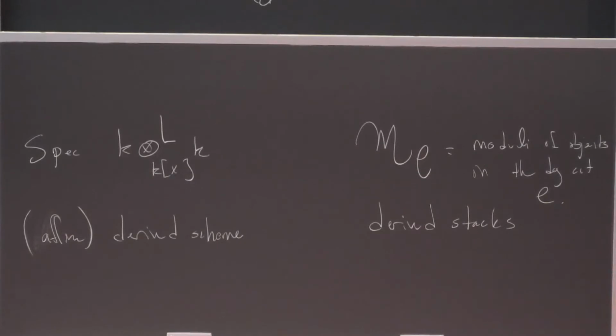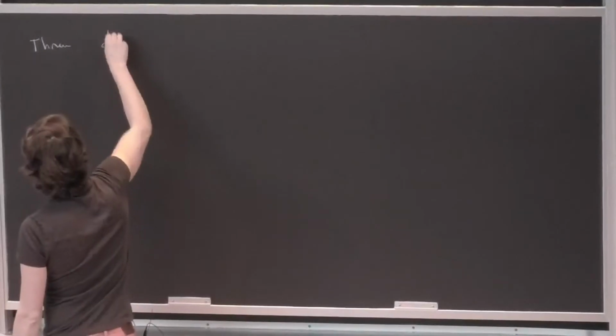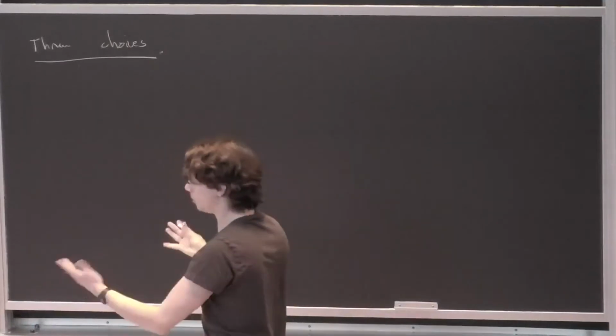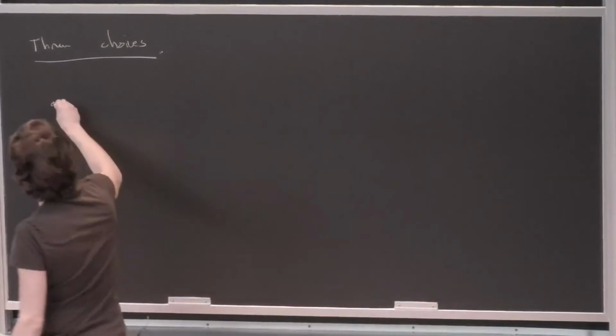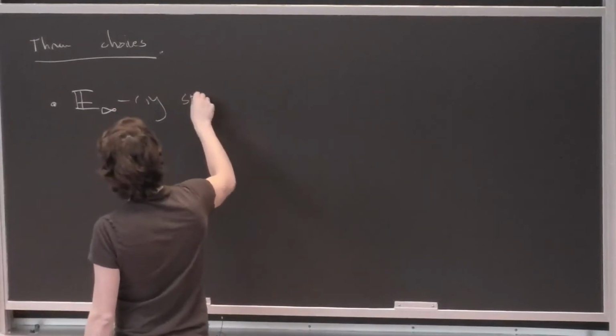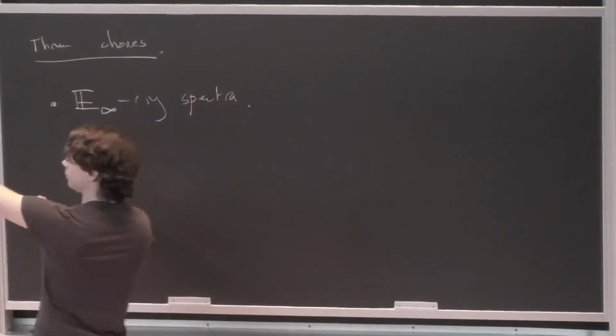So there are a few different ways of making sense of derived algebraic geometry, and so there are potentially three choices we might make. I'm only going to make one of them, but we can look at E-infinity ring spectra, which makes sense even in here.